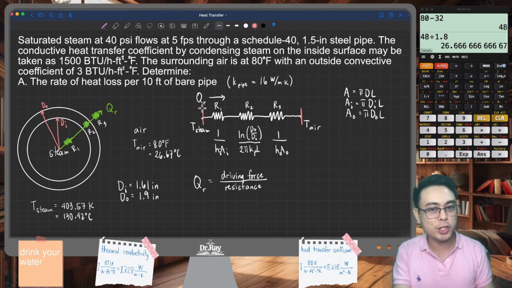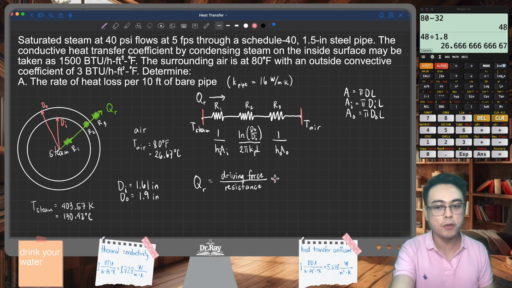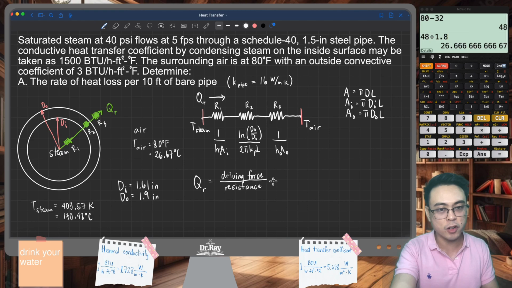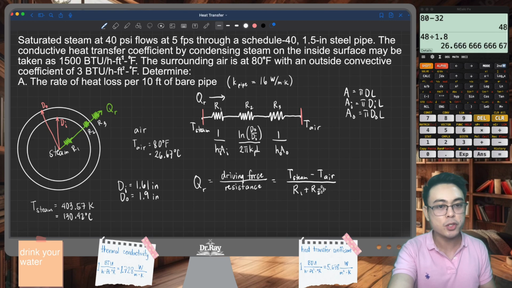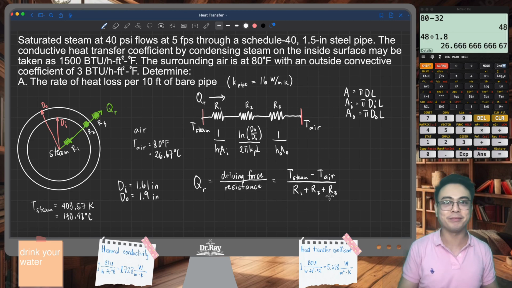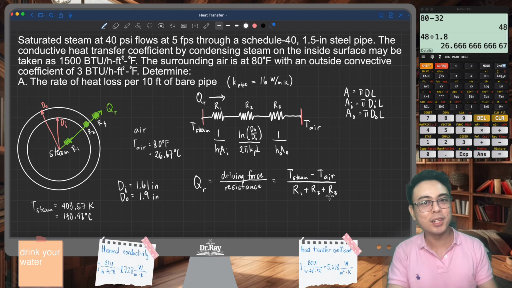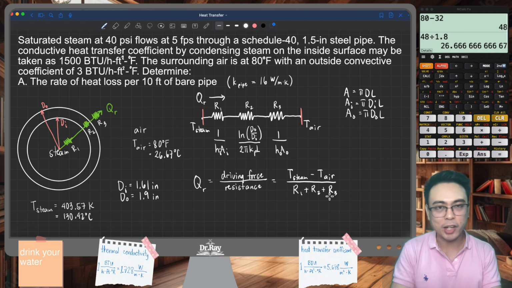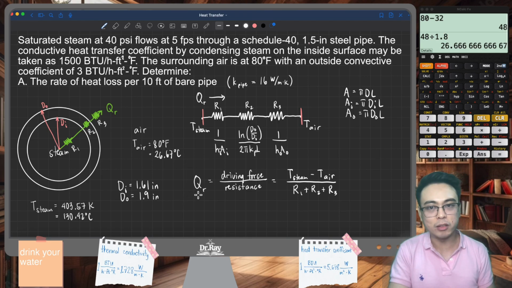So I can write my equation for rate of heat transfer as driving force, temperature of steam minus temperature of air, divided by the total resistance encountered, R1 plus R2 plus R3. And then that's it. All we need to do now is to calculate everything so that we can determine the rate of heat loss for 10 feet of bare pipe.